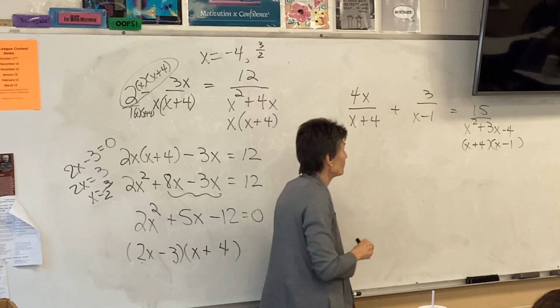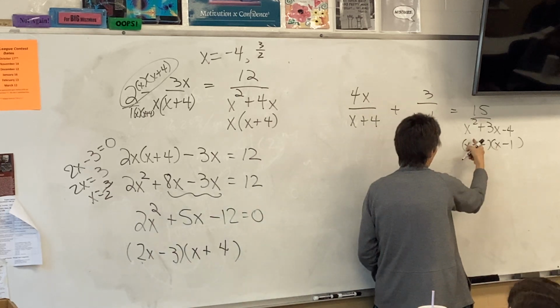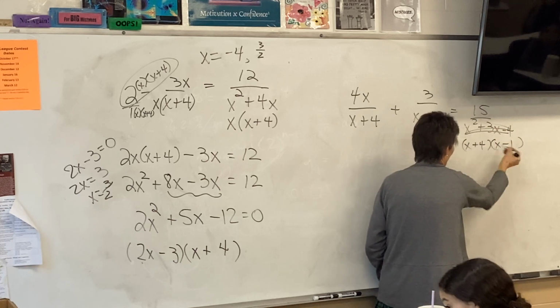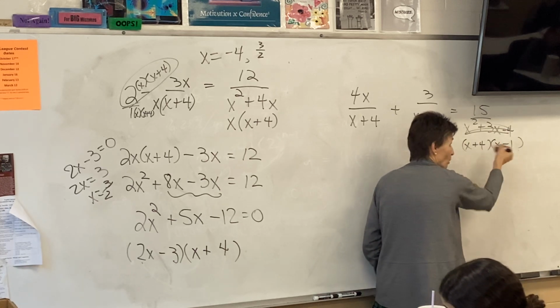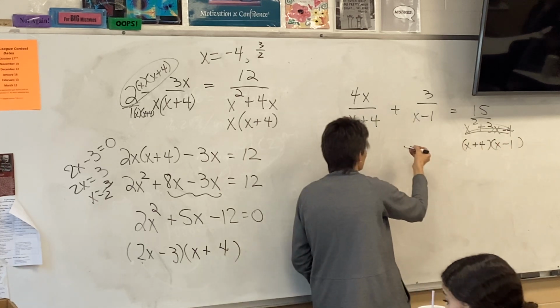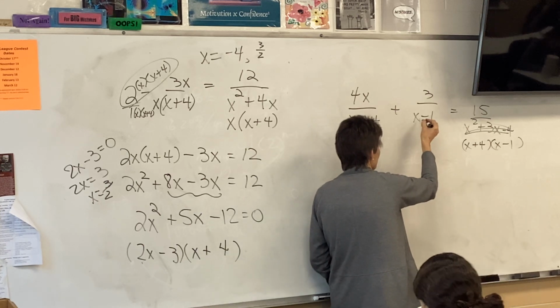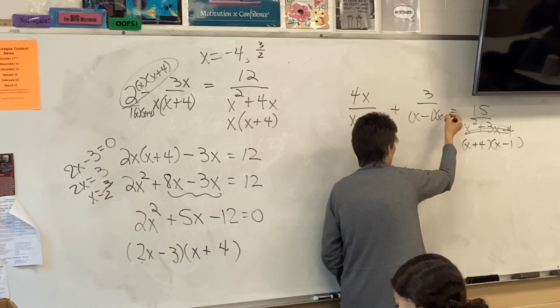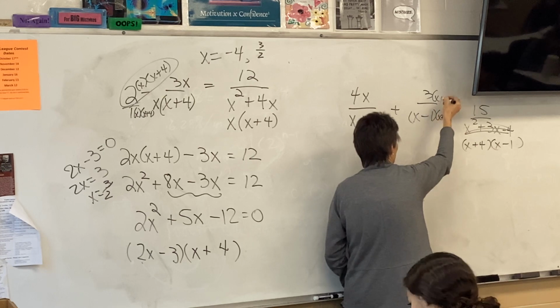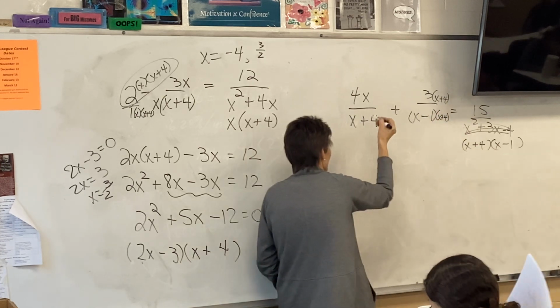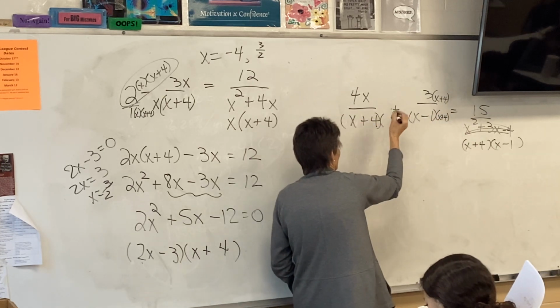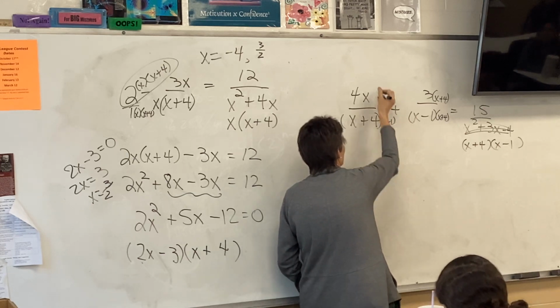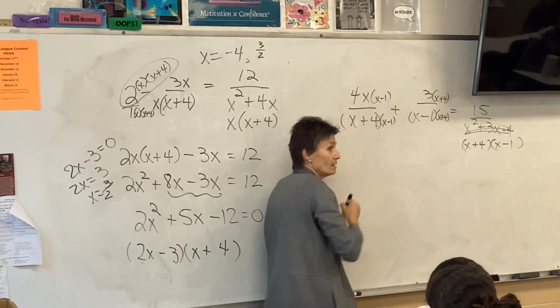Okay, so this one has the common denominator already. It has both pieces. So, okay, what does this one need? X plus 4 on the top and the bottom. What does this one need? X minus 1 on the top and the bottom.